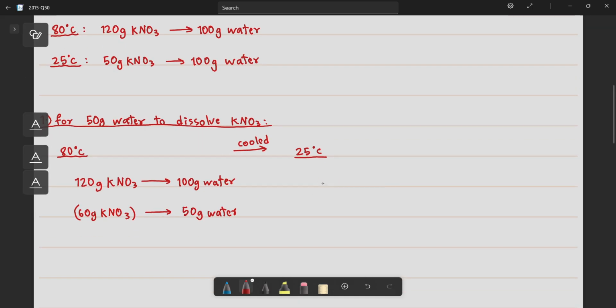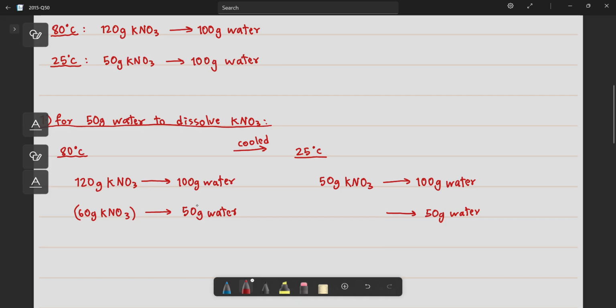So using that ratio, we can find out how much potassium nitrate is dissolved in 50 gram of water. 50 gram of potassium nitrate is able to dissolve in 100 gram of water, so how much potassium nitrate can I dissolve in 50 gram of water at this temperature?